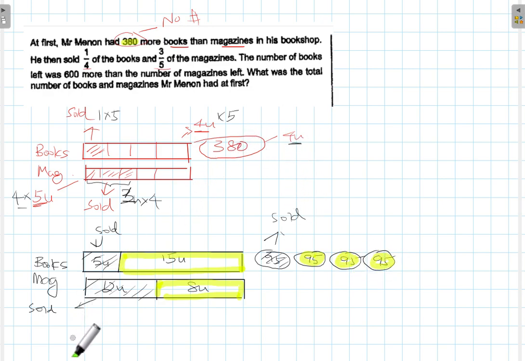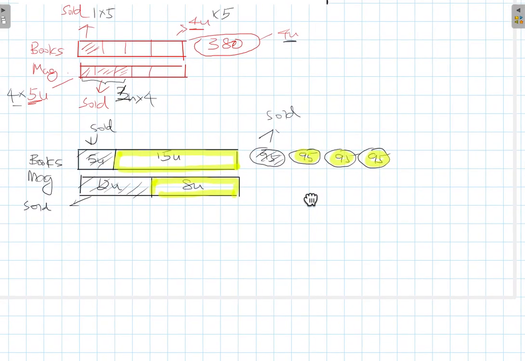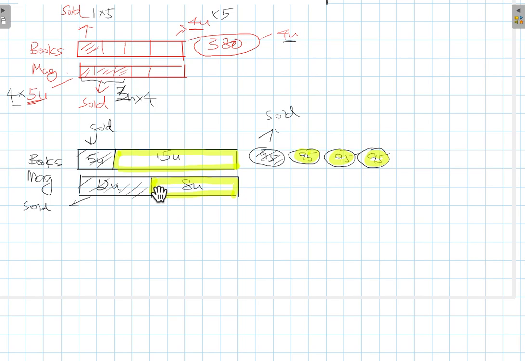And since the number of books left was 600 more than the number of magazine left, easy. I already know this. I can do some arrangement to make it easier for you to understand. Here is 15 units left, right?